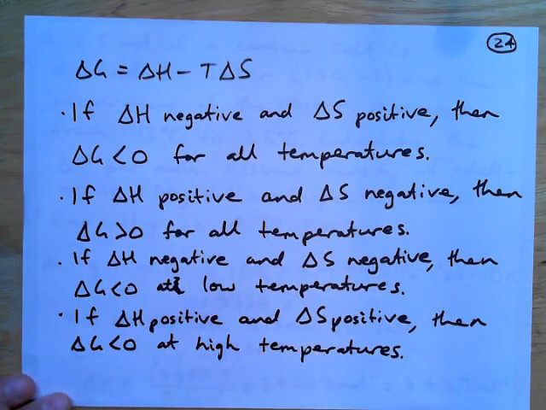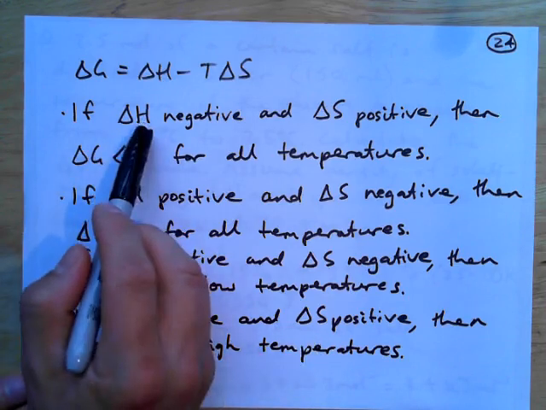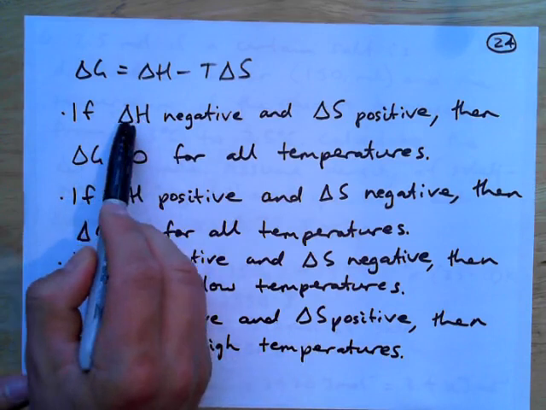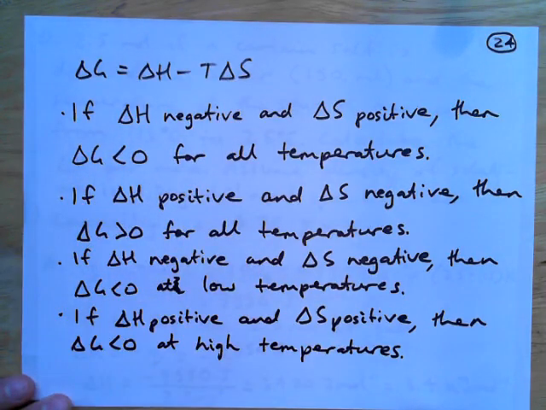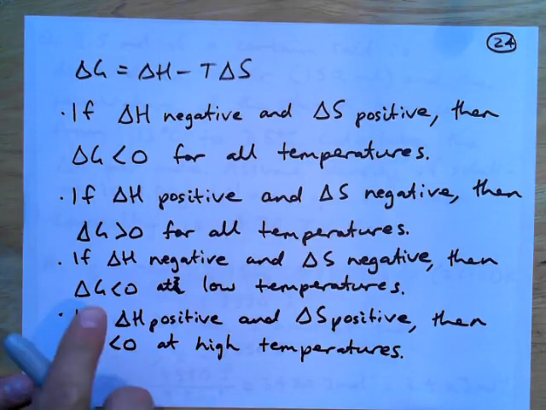So in the example with the water being formed from the hydrogen gas and the oxygen gas, that was a negative delta S, but the delta H was so negative as well that it counterbalanced or counteracted the decrease in entropy. And so that would be a case here for this third one.